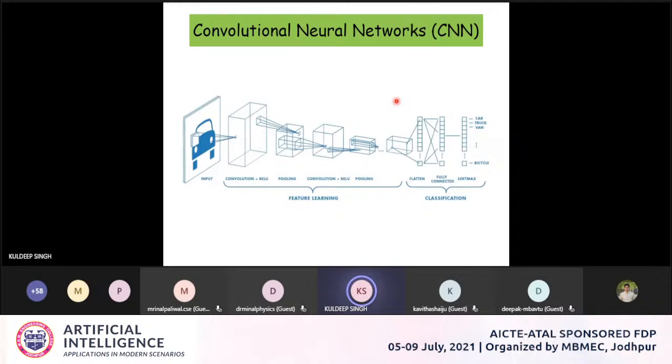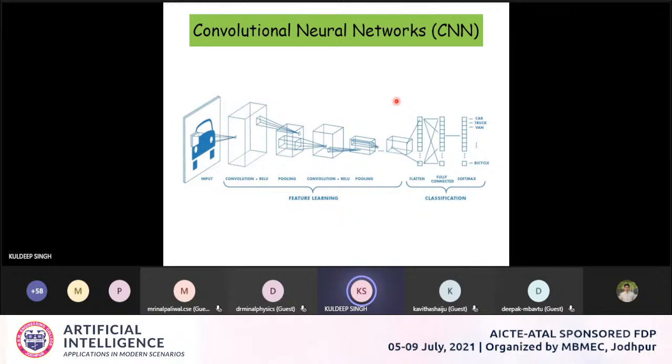So from now onwards, I'll be discussing from the computer vision perspective or the medical imaging perspective. So we are only considering image or video data here. As you can see in this diagram, the convolution layer involves convolving different types of filters for extracting different kinds of information from the input image.